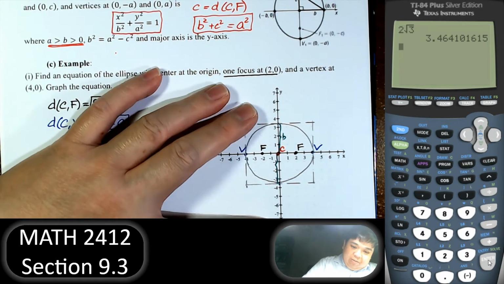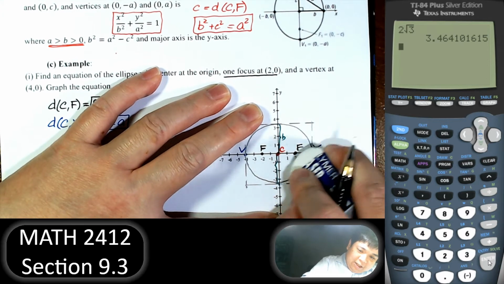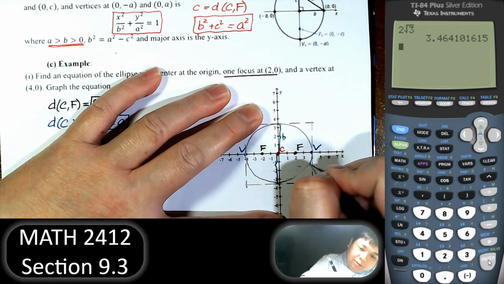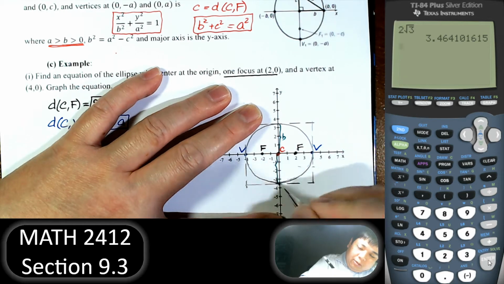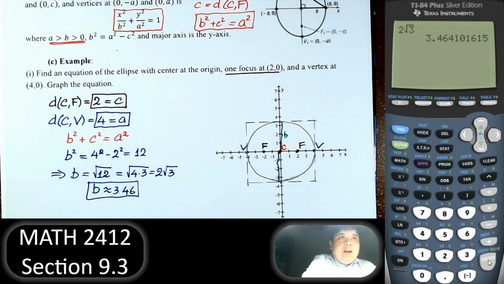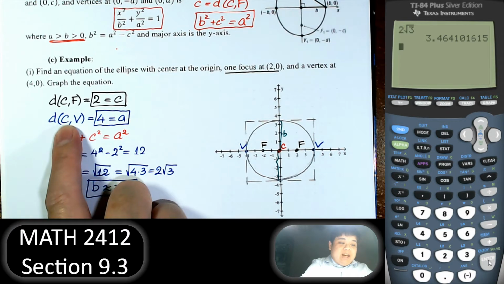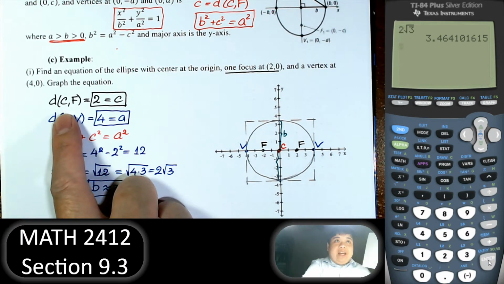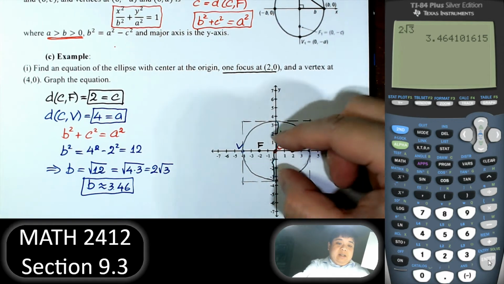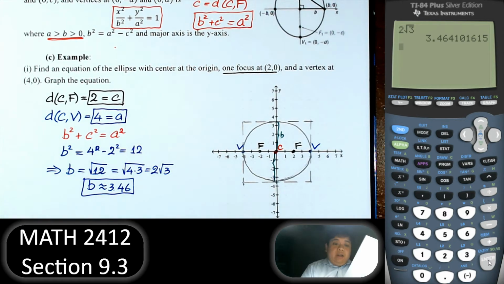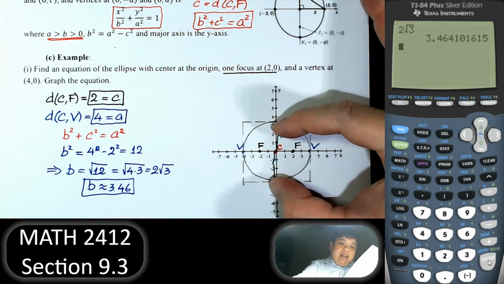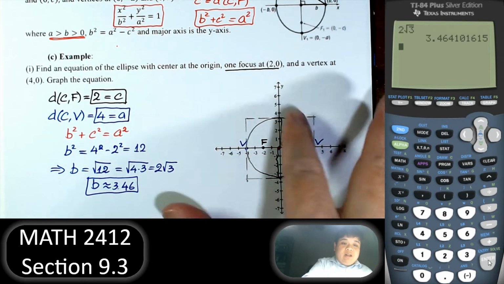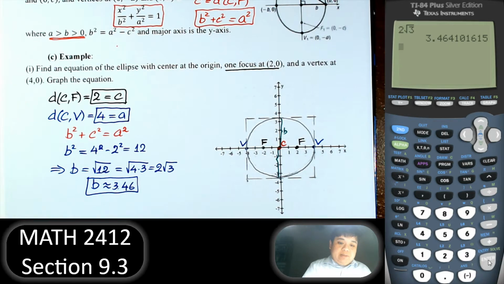I could draw it better, but right, so we need to know a, b, and c pretty much. a is the distance from the center to the vertex, and c is the distance from the center to the focus. b is the distance on the minor axis, and we have the minor axis and the major axis. Draw a box. The ellipse will fit inside that box.